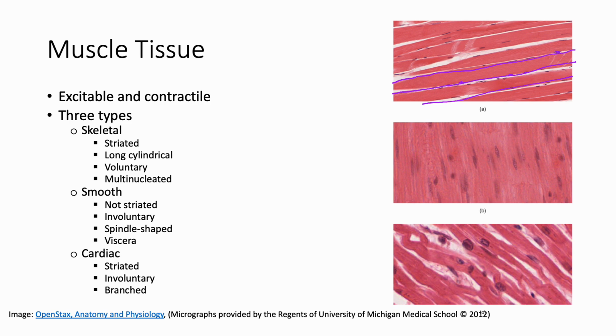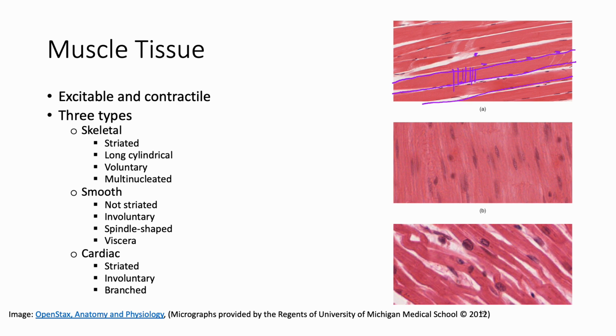So they're multinucleated, meaning there's more than one nucleus in a skeletal muscle fiber or cell. The other thing that's important is, you can't maybe see it in this presentation, but there are what we call striations, okay? So it's sort of a striped look to the muscle tissue because of the presence of different contractile protein filaments or protein fibers. So we call that striated muscle.